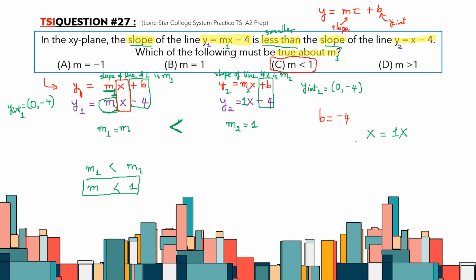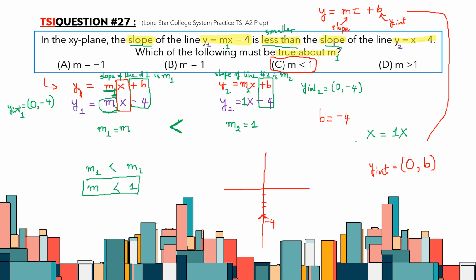For the y-intercept, it is when x equals 0, so x is always 0 at this position, and then b, from the formula up here. If we look at the graph, line number 2 will cross at negative 4 right here.